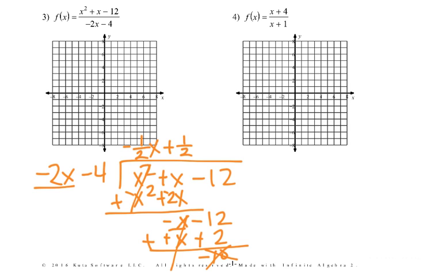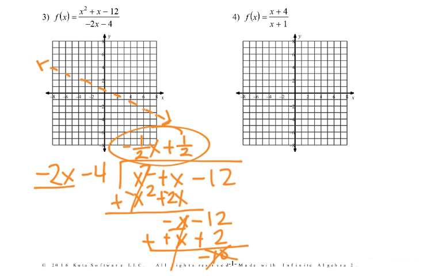But we don't pay attention to the remainder. We just use that piece. So I go up to 1/2, and I'm going down 1 every time I go to the right 2. So some linear graphing going on here. So there's my slant asymptote. Instead of horizontal, it's slant.